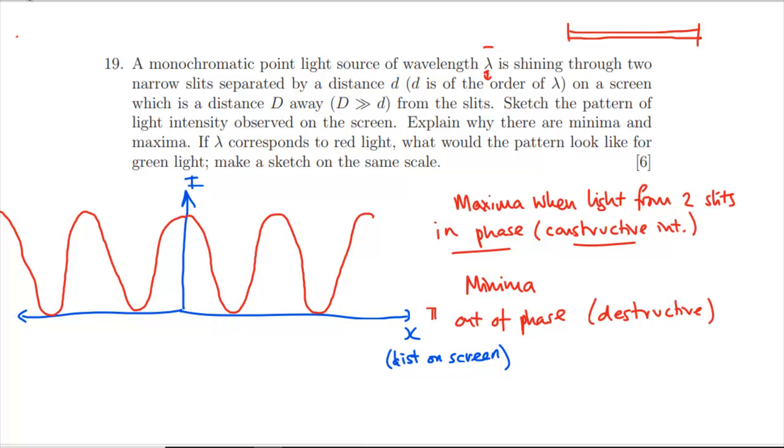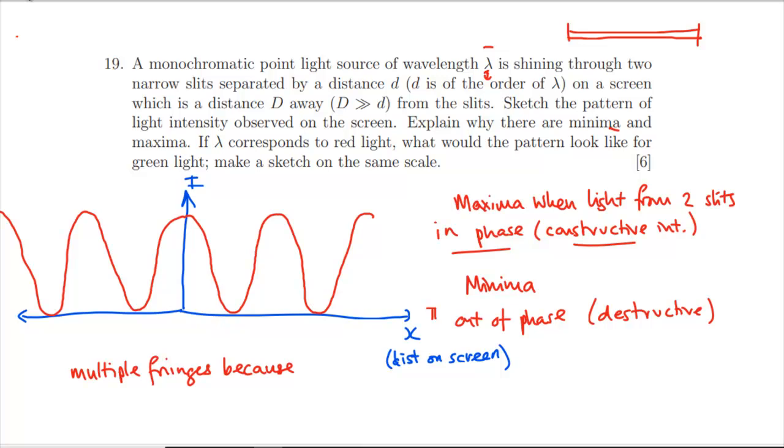Then you can say that we've got multiple fringes because there are multiple fringes. What are we trying to say? Explain why there are minima and maxima.